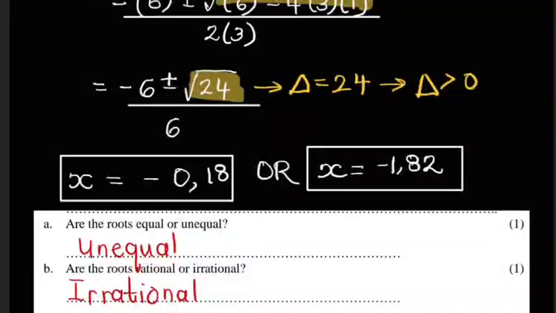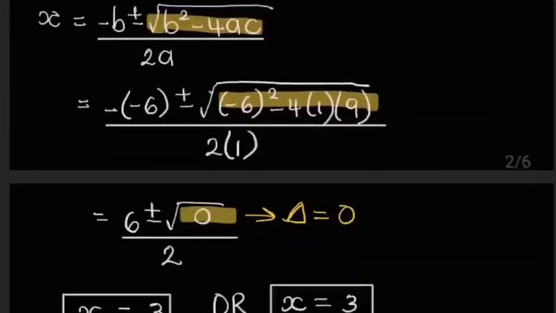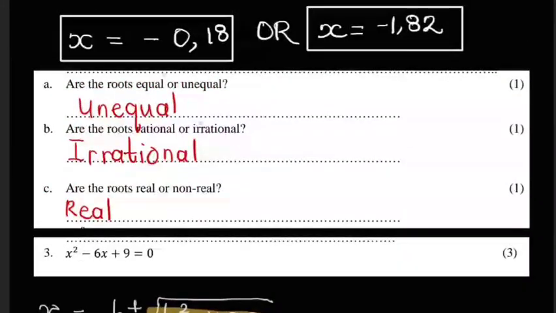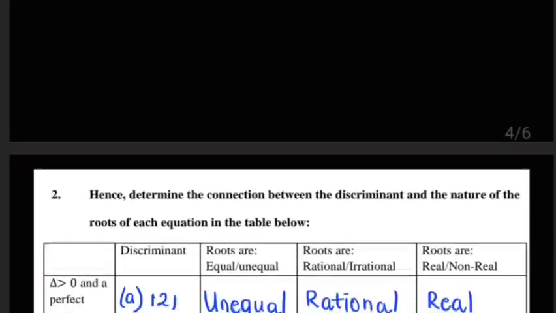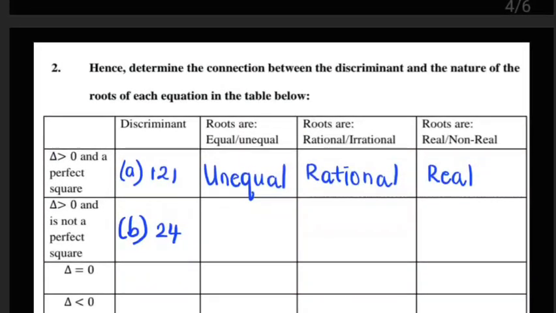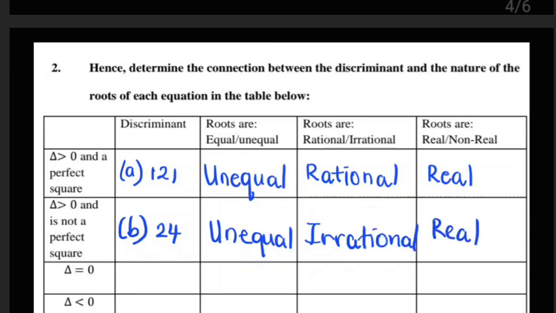And we can see that our roots were different. They also were not fractions. Essentially, it's the same information that we have from those subsequent questions, but we're now filling it in this table. So the roots were unequal. They were irrational. And they were real. They did exist.